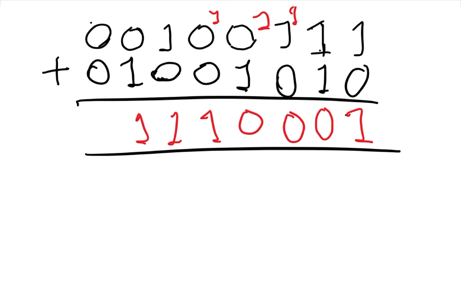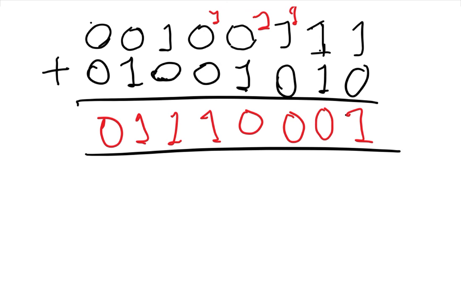And 0 plus 0 has a carry 0 and a sum 0. Therefore, adding 0, 0, 1, 0, 0, 1, 1, 1 and 0, 1, 0, 0, 1, 0, 1, 0 gives us the answer 0, 1, 1, 1, 0, 0, 0, 1.